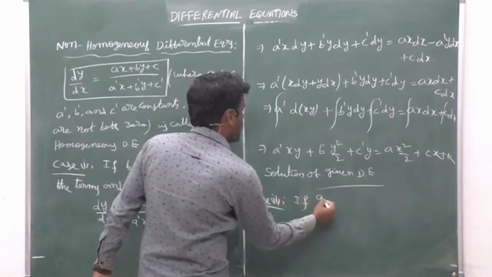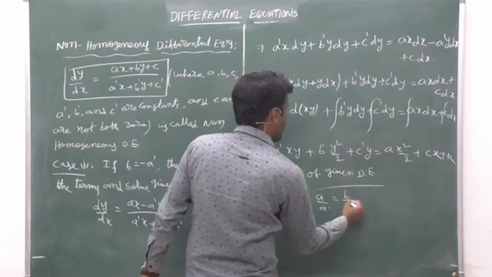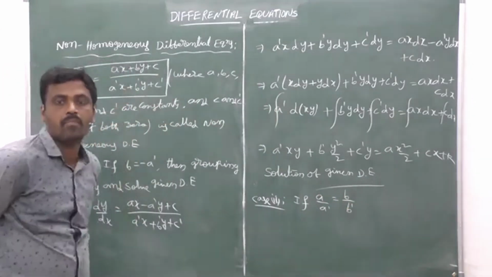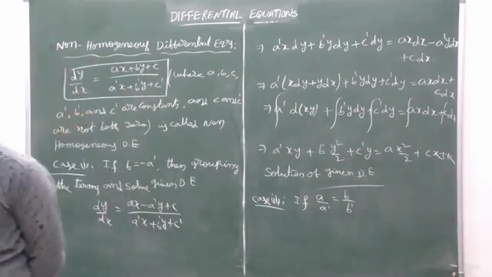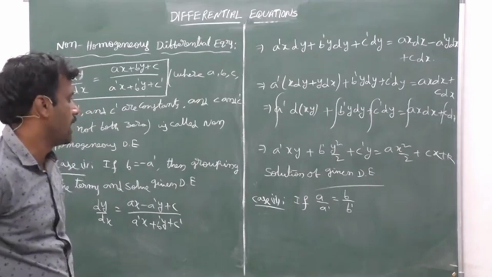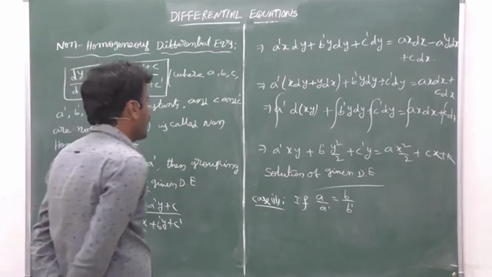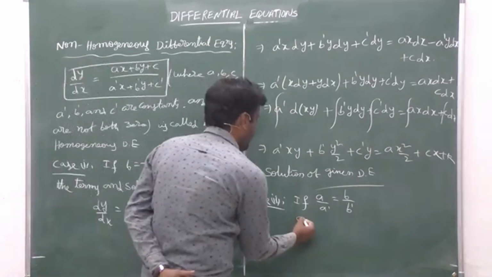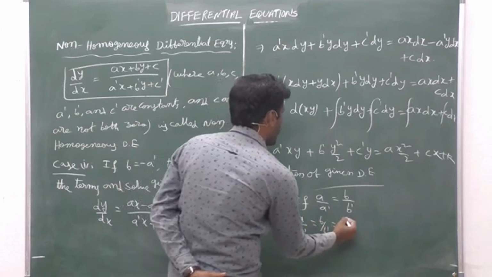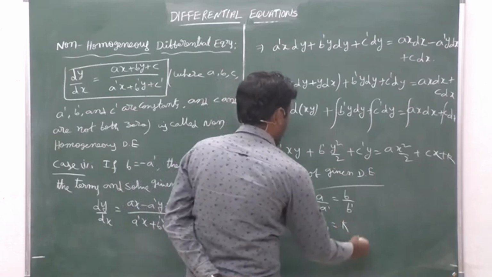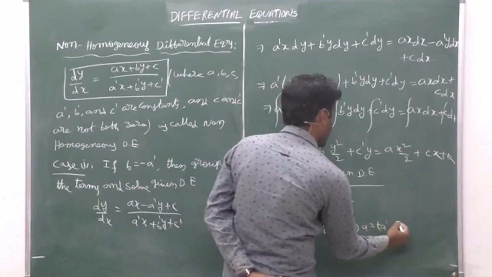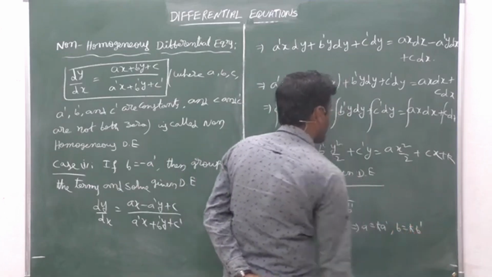Next case 2. If a by a dash equal to b by b dash, that means a by a dash equal to b by b dash equal to some constant k, that implies a equal to k a dash, b equal to k b dash.